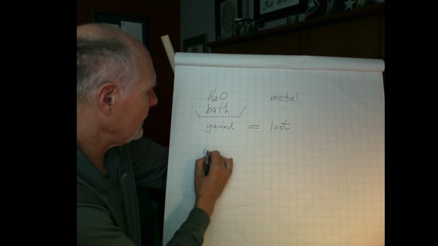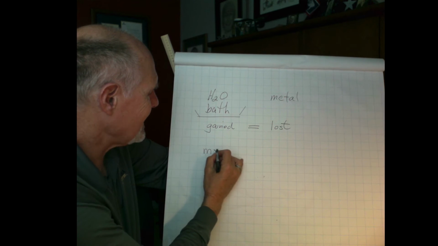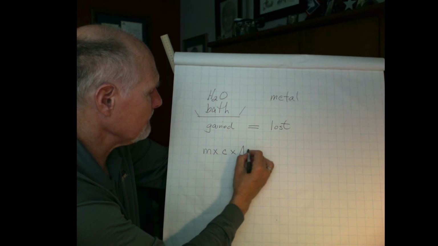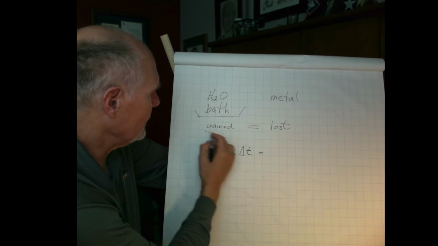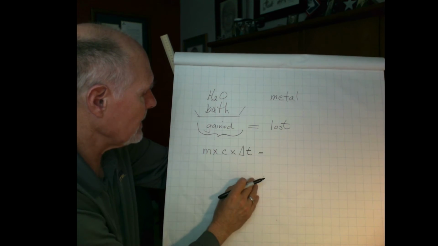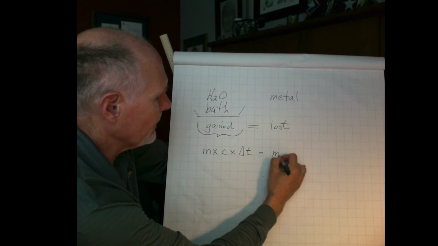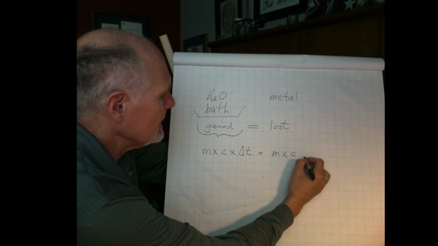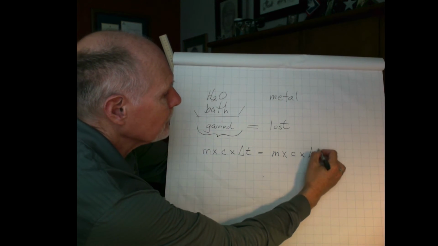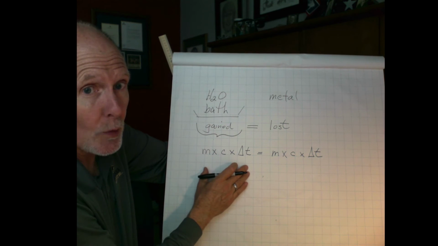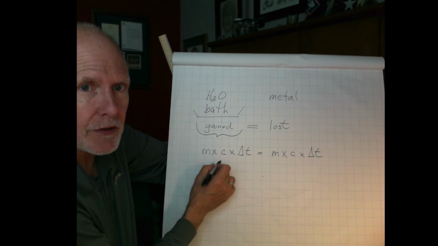We need the mass on this side times the specific heat times delta T, and that's going to represent the heat gained over here. And then on the other side, we'll do the same thing. We need to know the mass of the metal times the specific heat times delta T, the change in temperature. Now, on this side, we actually know what all of these numbers are.